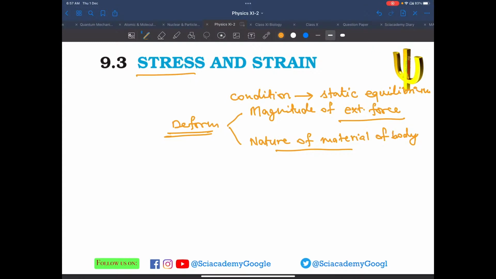That means if we deform any body by applying the external force, the body will try to restore its shape after removing the external force, and this restoring force is equal in magnitude but opposite in direction to the applied force.